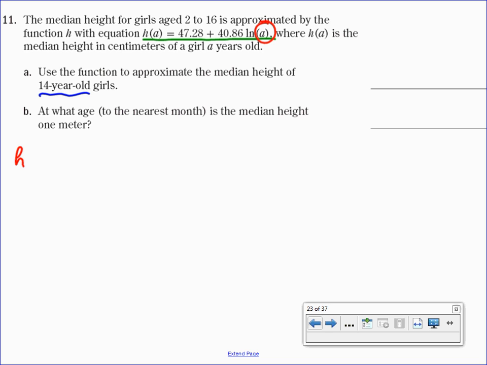So h of 14 equals 47.28 plus 40.86 times the natural log of a, which is my age, 14.